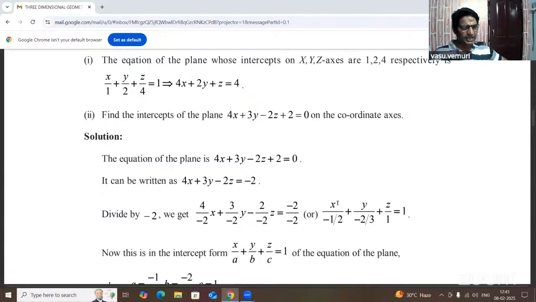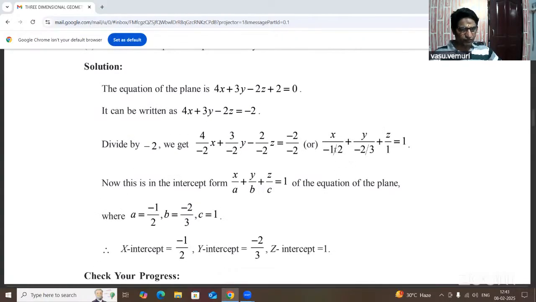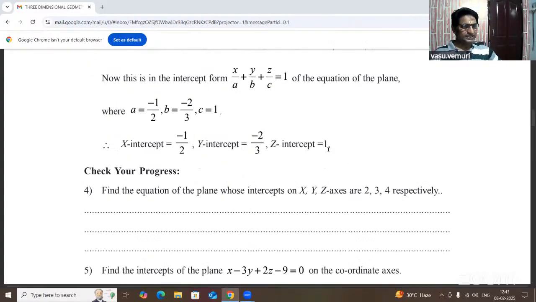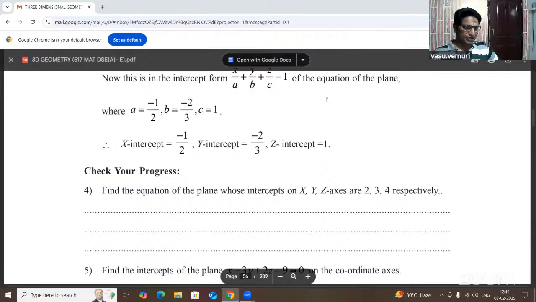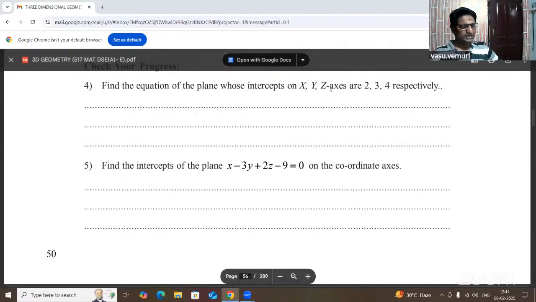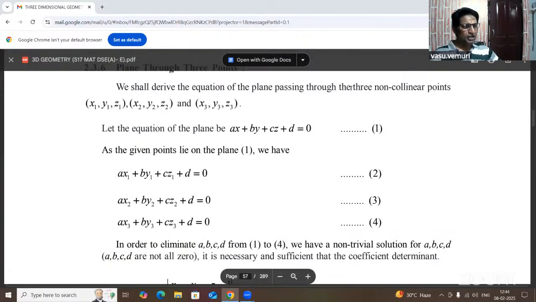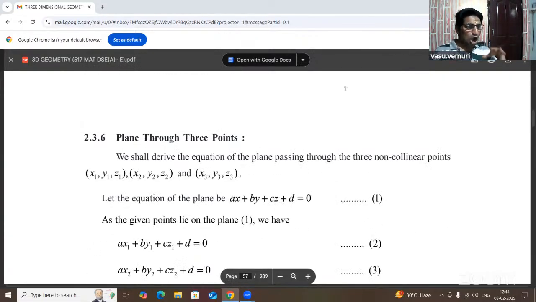Just like that, we convert into the form x by a plus y by b plus z by c equal to 1. So we get the intercept values: a is minus 1 by 2, b is minus 2 by 3, and c is 1. That is the simple expression throughout the dimensions for x intercept, y intercept, and z intercept. This is for your practice. Okay. Now, how to form the plane through 3 points?